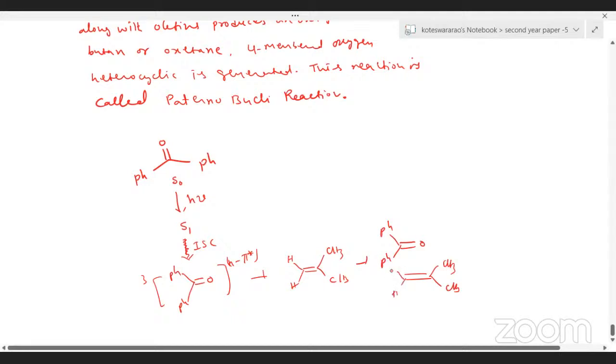Here the two hydrogens are there, so there is less steric interaction between the hydrogens than with the methyl groups. Due to that reason, a transition interaction will be generated. This situation is known as an exciplex. It is almost a transition state, a hypothetical one. There is no particular evidence for this.